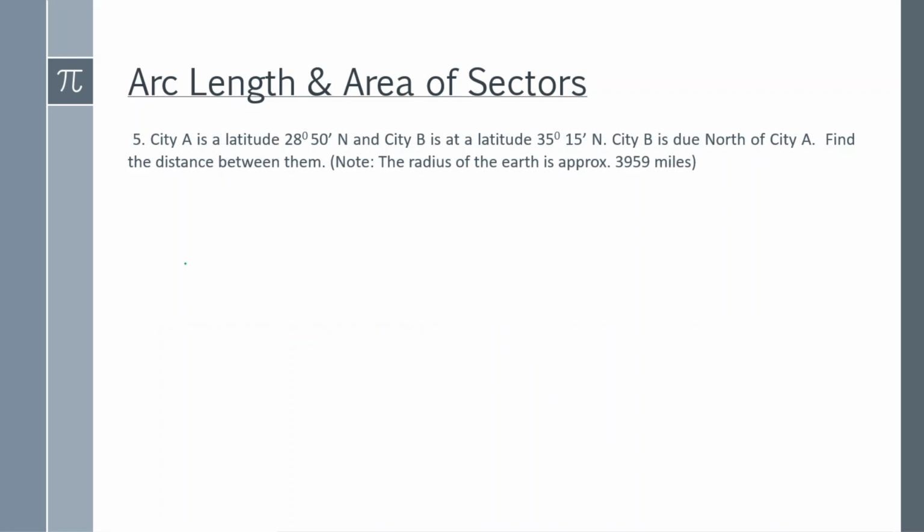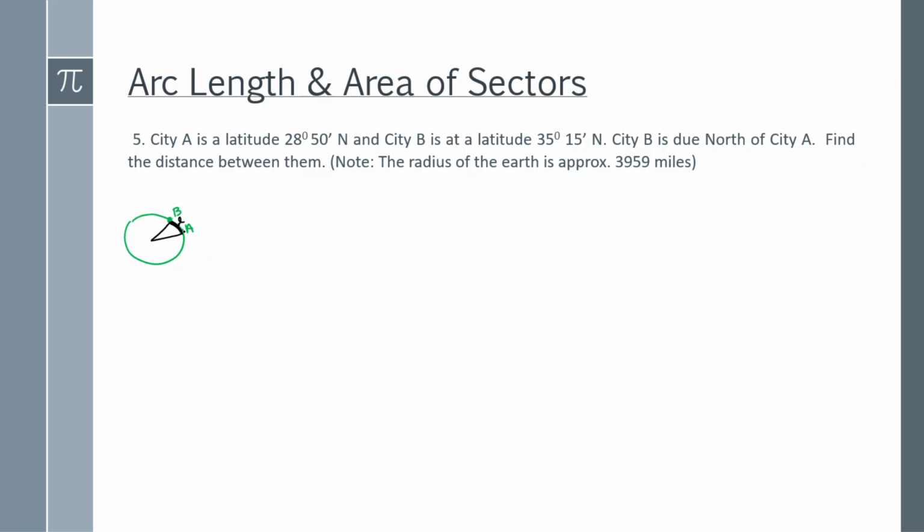We've got 2 cities on a globe. So it says that B is due north of A. So here's city B, and here's city A. And I want to find the distance between them. So really what I'm doing is I'm trying to find this arc length. Okay?